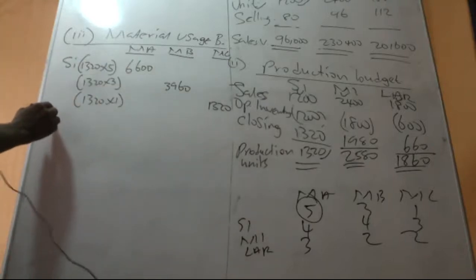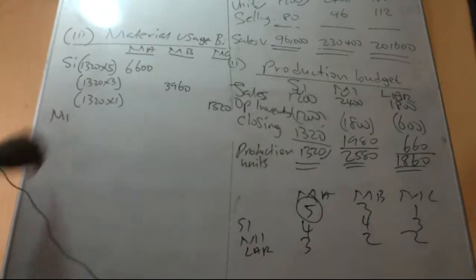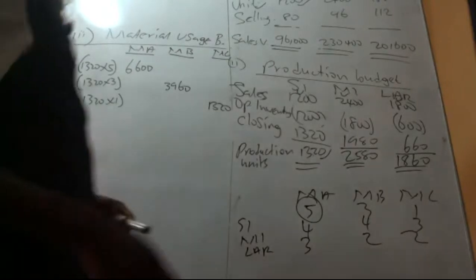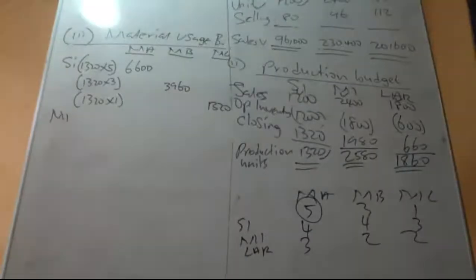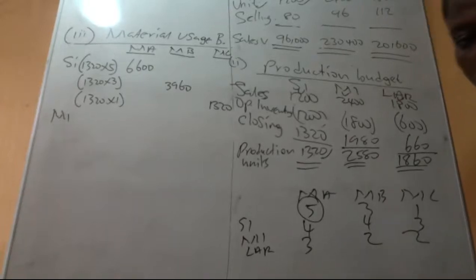Let's go to MI, product MI. If I do 1, you do 1. Yes, a 1-to-1 mapping. Then we balance the equation. Good.